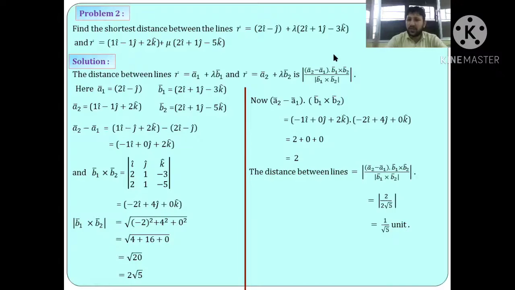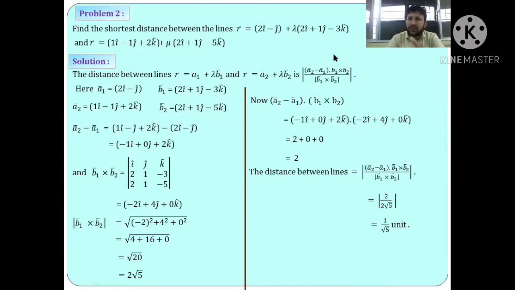So children, today you learned how to find the shortest distance between any two skew lines. Simple thing: you are provided the vector equation of a line. From that vector equation, compare with the standard form. You write the position vectors a1 bar, a2 bar, then the parallel vectors b1 bar and b2 bar.